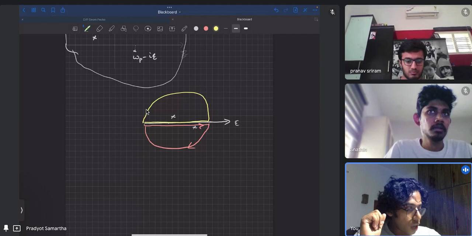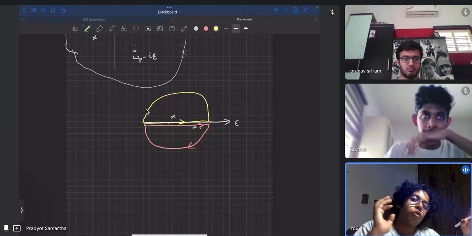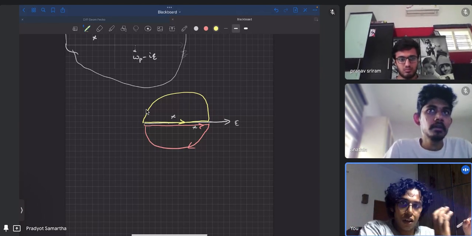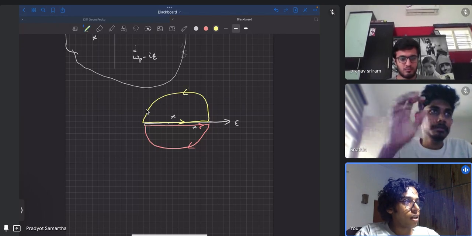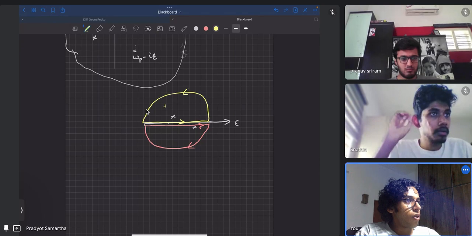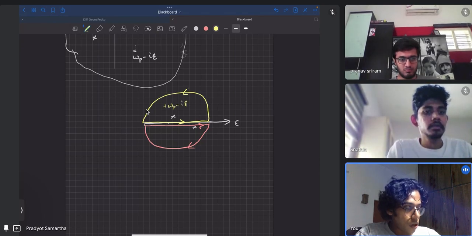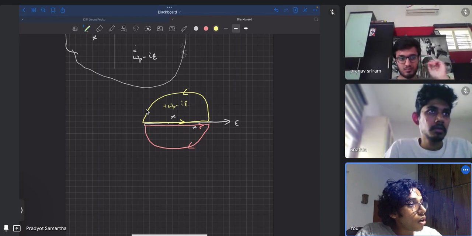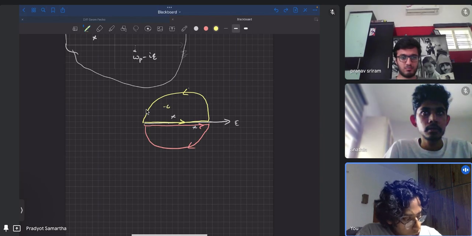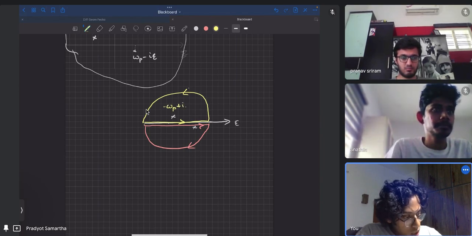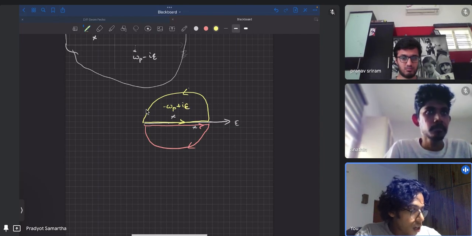Similarly, you have a particle moving with a positive energy, so you have the contours taken along a certain direction, and you essentially end up getting either minus omega p plus i epsilon, or omega p minus i epsilon.